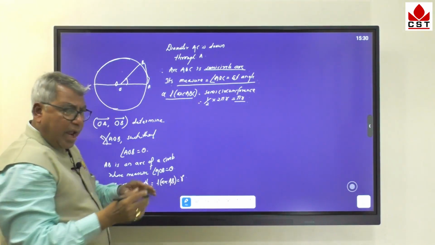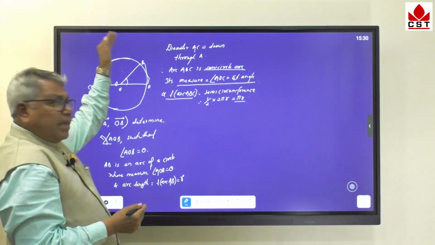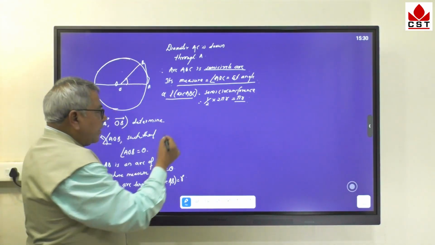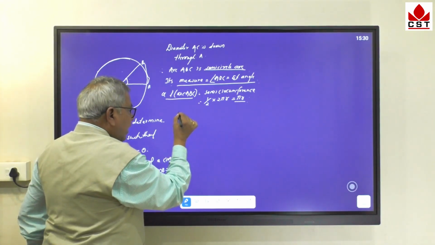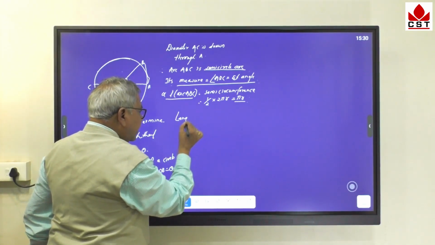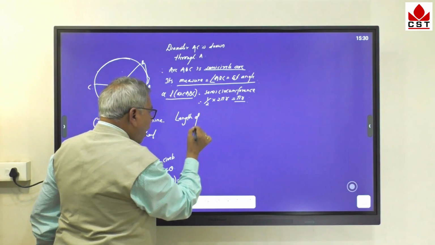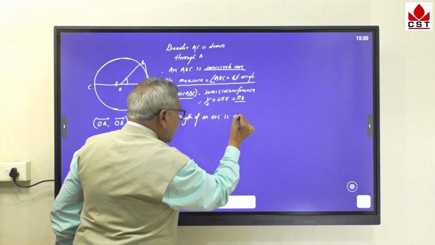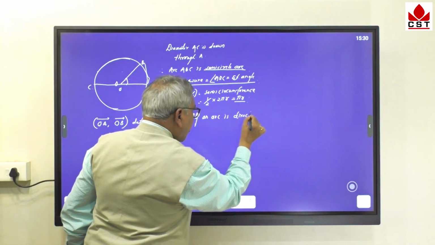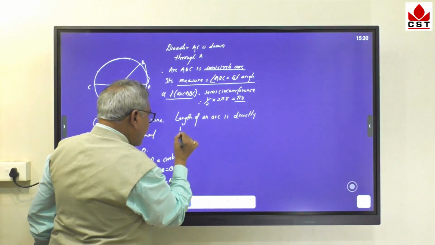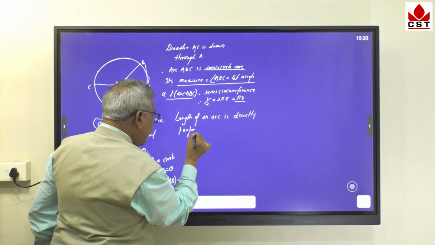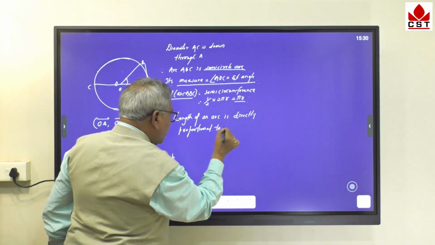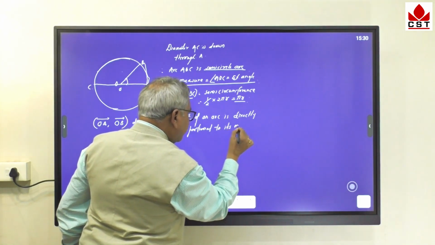Now, as you know, if arc length increases, the angle also increases. So can I say that the length of an arc is directly proportional to its measure?